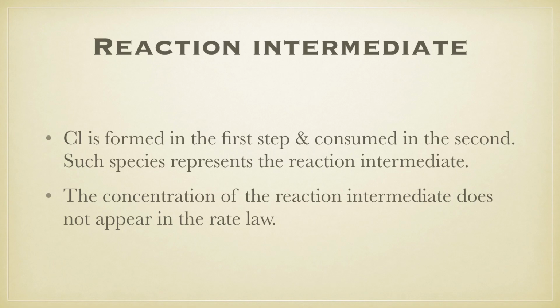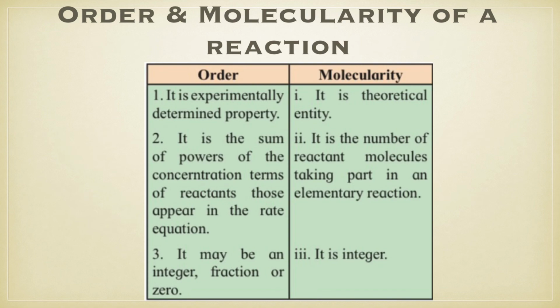Okay, next we learn the distinguishing points between order and molecularity of a reaction. First, order is an experimentally determined property, whereas molecularity is a theoretical entity. Next, order is the sum of powers of the concentration terms of reactants that appear in the rate equation or rate law, whereas molecularity is the number of reacting molecules taking part in the elementary reaction.